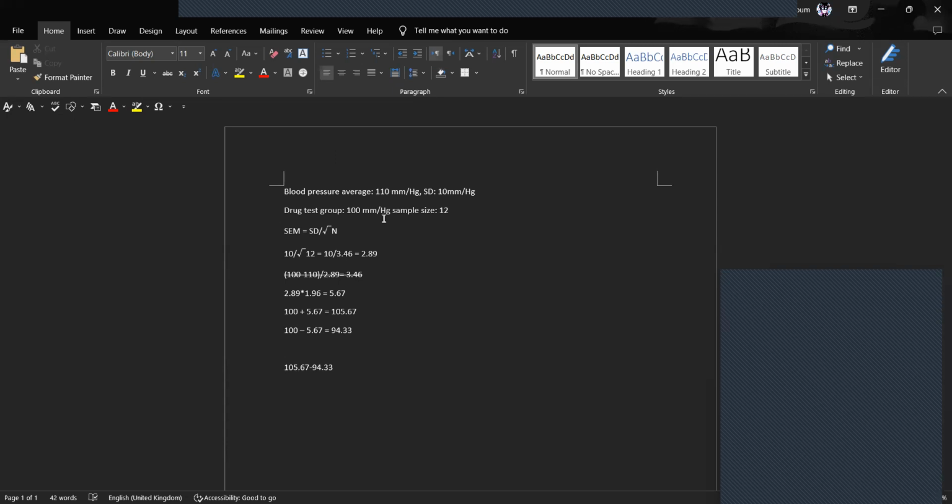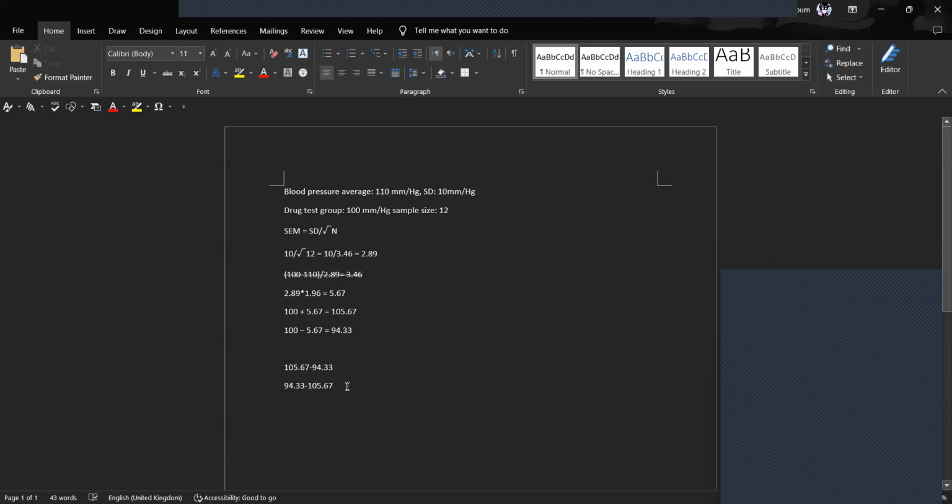But the idea is that the majority of samples will be between 94.33 and 105.67, and that's for the drug test group. Now, what you'll notice is that this area, 94 to 105.67, does not include our population average of 110.